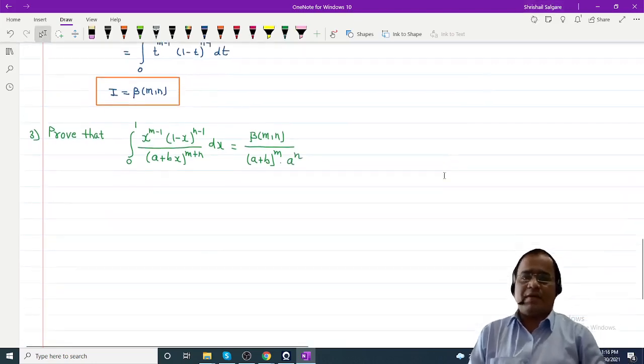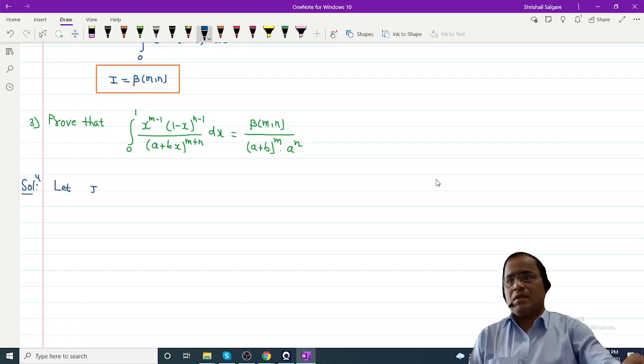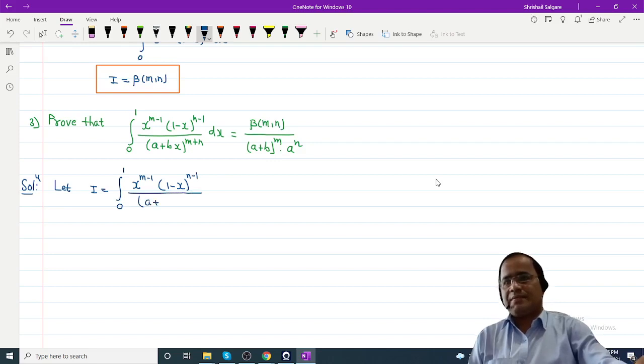Now first step, I will write that integral as I. Think on this and tell me what steps you can suggest. Let I be equal to the integral with limits 0 to 1 of x raised to m minus 1 into 1 minus x raised to n minus 1, that whole divided by a plus bx raised to m plus n, dx.